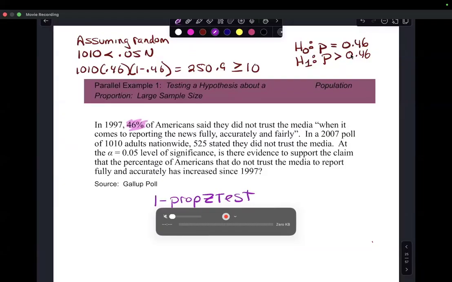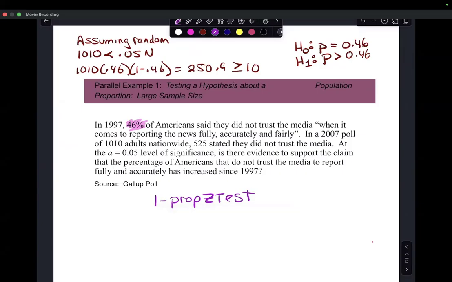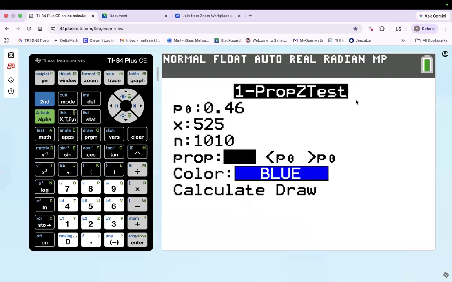If it was p less than 0.46, then the alligator is trying to eat the 0.46. So notice whether the alligator is eating the 0.46 or the arrow is pointing at it. In this case, the arrow is pointing at it.